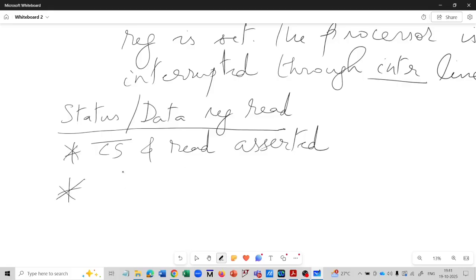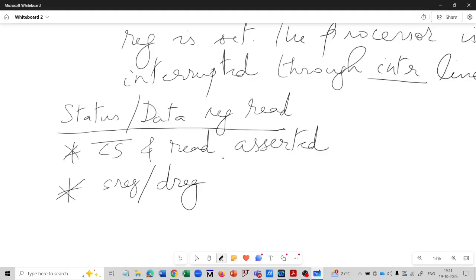But now, apart from this, the control signals differ, because in the case of a memory location, the select signals of the registers, that is SREG or DREG, are not asserted.